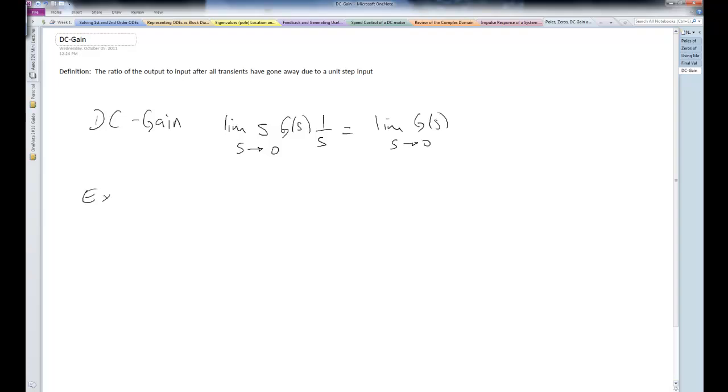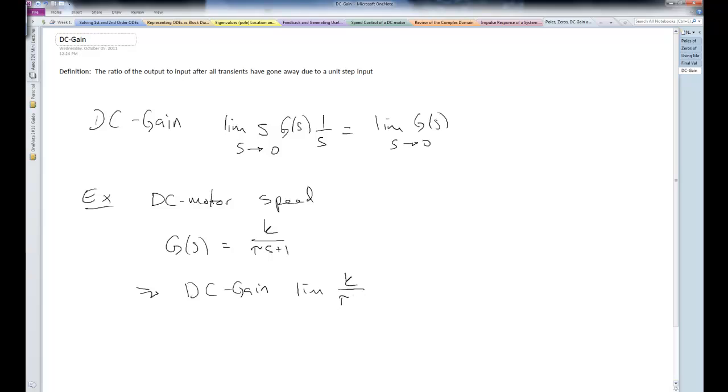So for us, with the DC motor, for say the speed transfer function, g of s is just k over tau s plus 1. So the DC gain is just the limit of k over tau s plus 1 as s goes to 0, which is equal to k.